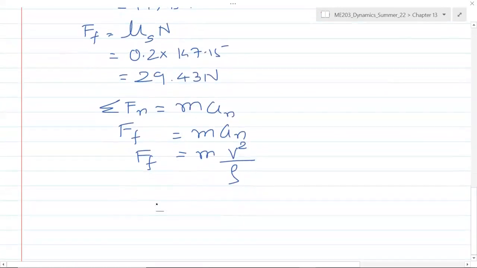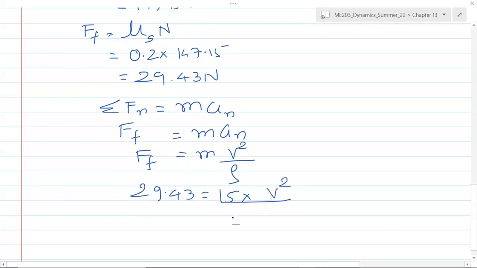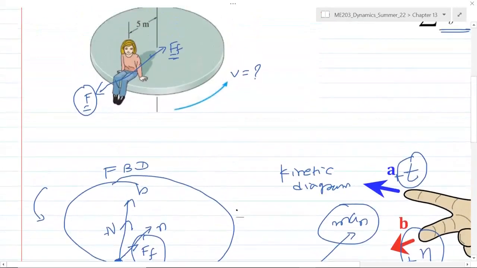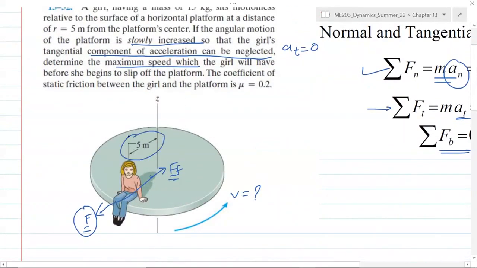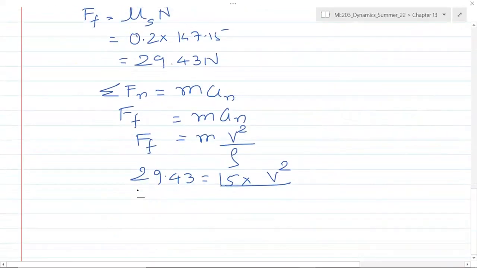Now, value of F_f is 29.43, mass of the girl is 15 kilogram, velocity squared divided by radius of curvature, and that's this. This is the radius of the particle from the axis of rotation, which is 5. Therefore, when you solve this equation, you get v equal to 3.13 meters per second. And that's the answer.